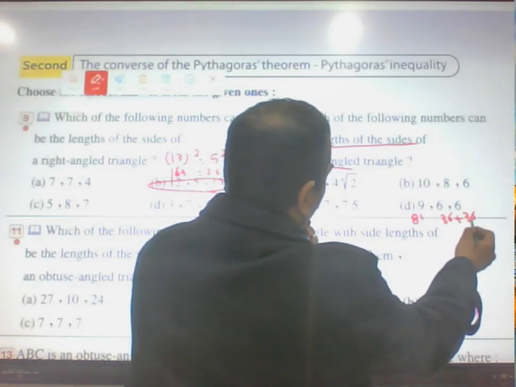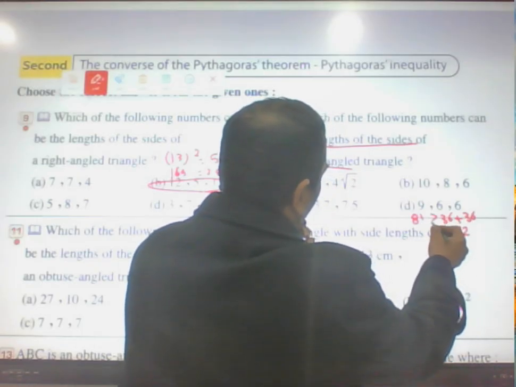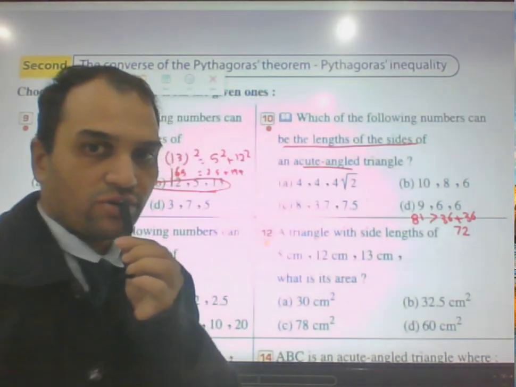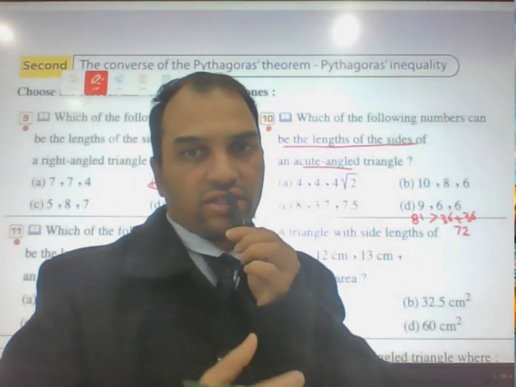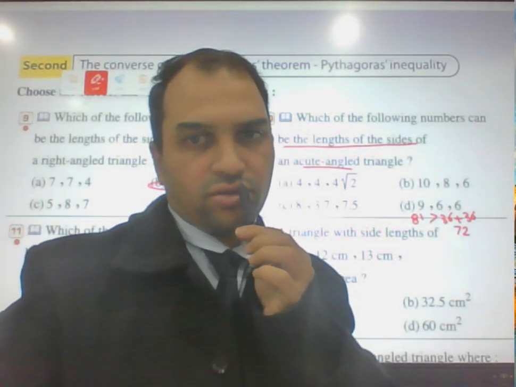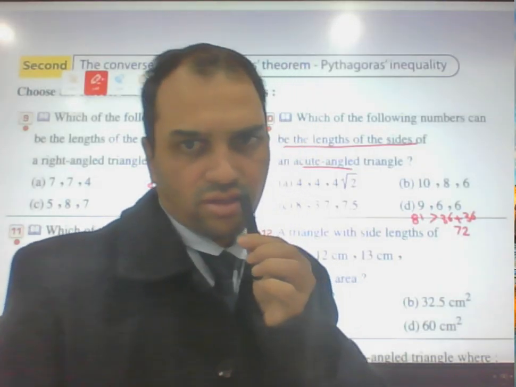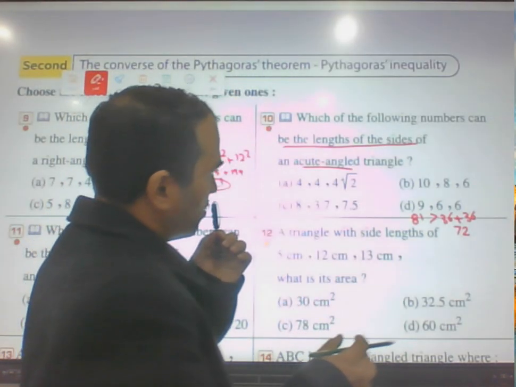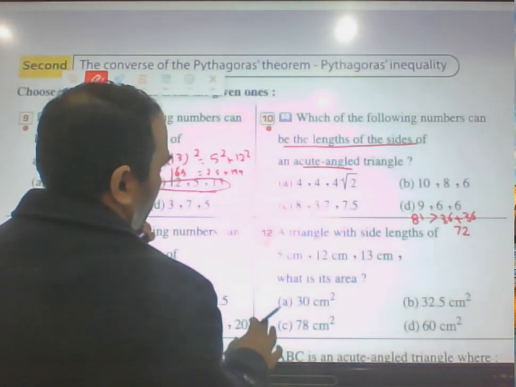We have 36 plus 36 is 72. Then 81 is greater than the sum of the squares of the smaller numbers. No, it will be obtuse. He wants an acute angle triangle, not obtuse. This is obtuse. Okay, next question.